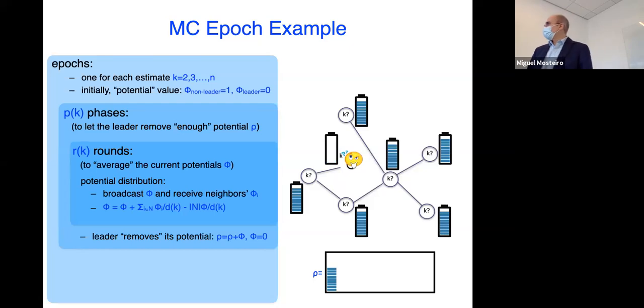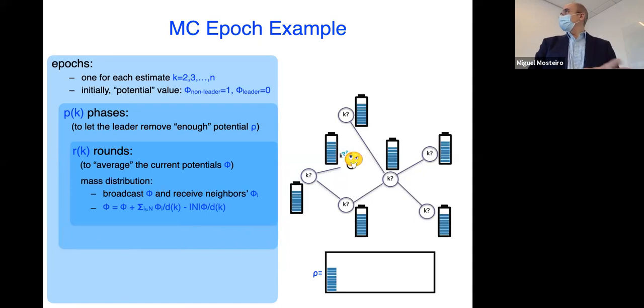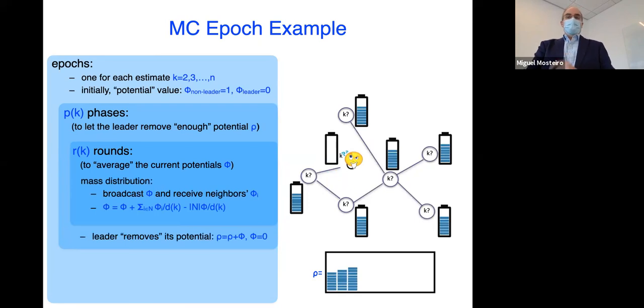Then at the end of the phase, after so many rounds, the leader removes the potential from the computation to a separate accumulator, which we call rho. And again, a new phase, they average again, and the leader removes the potential, and so on.